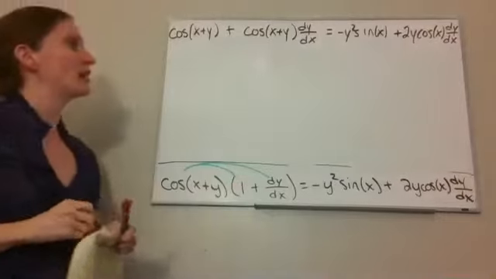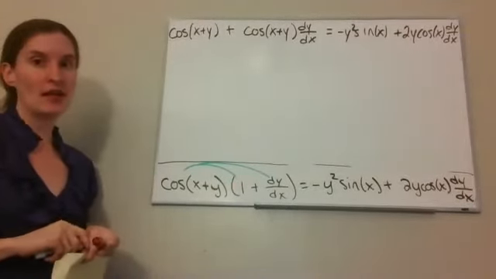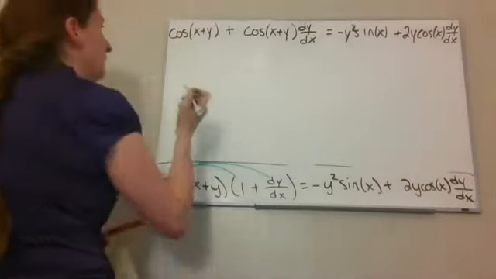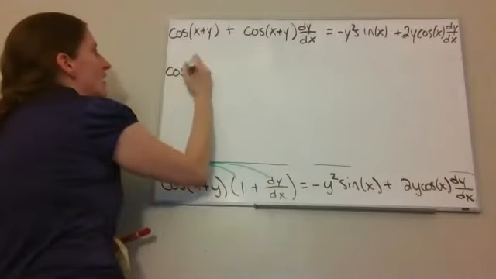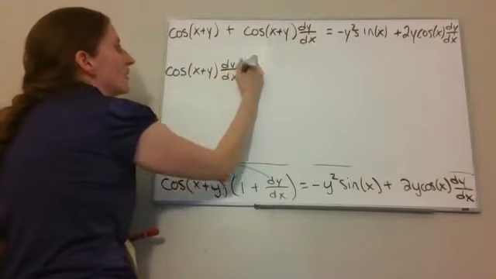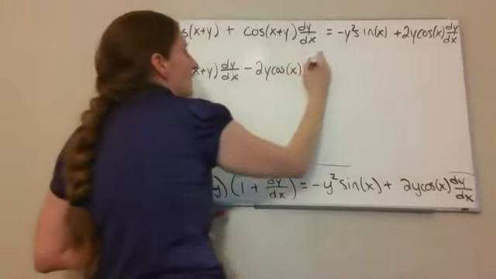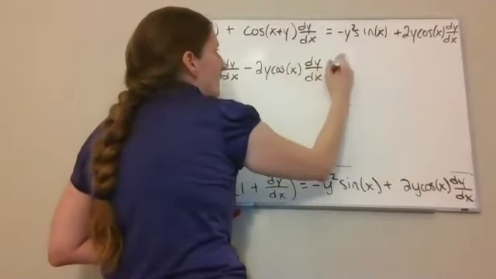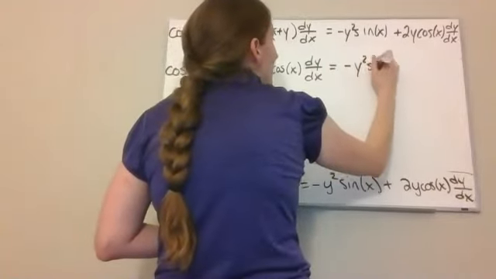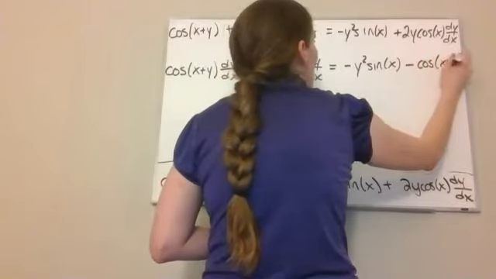And now I'm ready to move everything with a dy/dx to one side and everything else to the other side. I'm going to bring the dy/dx terms over to the left side. So I will get cosine of (x plus y) dy/dx minus 2y cosine x dy/dx equals negative y squared sine x minus cosine of (x plus y).